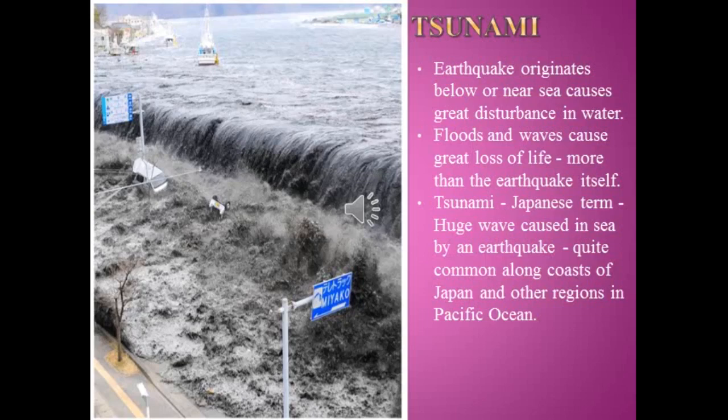How does it happen? If two plates meet in the ocean floor and move apart, there is a huge pressure that comes from the interior of the earth that pushes the water, and the water comes to the coastal region as tsunami waves.